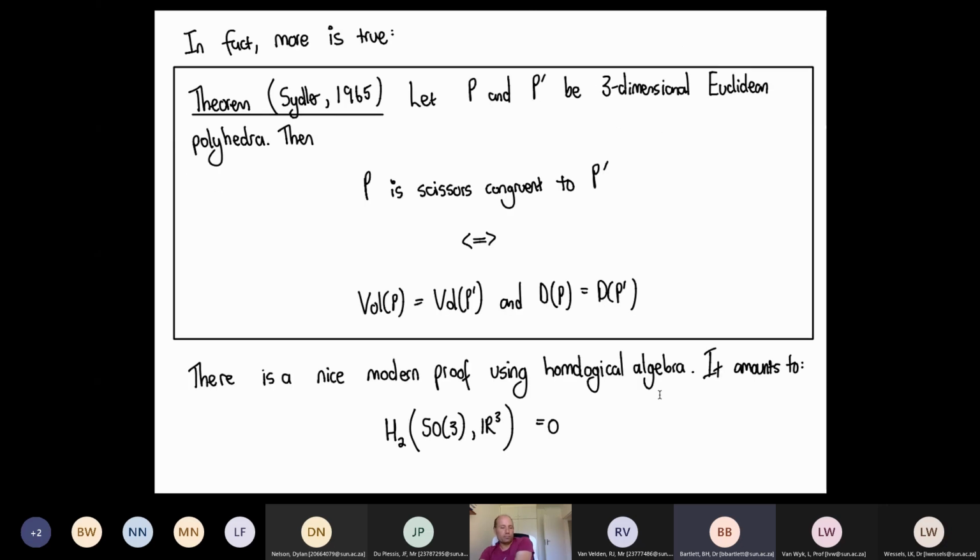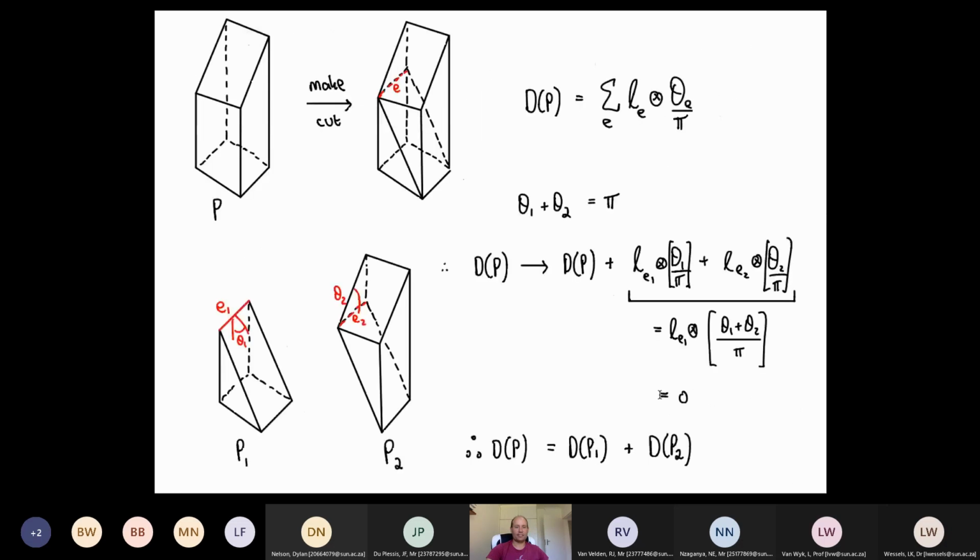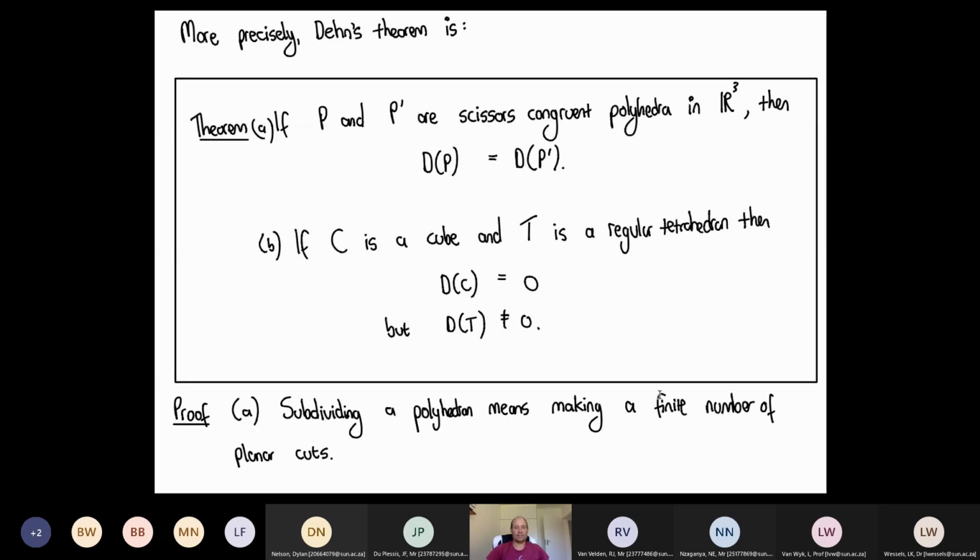Sorry, a question about this theorem. We proved the last theorem, but it seems to contradict this theorem. No. Part A of this theorem says that if they're scissors congruent, then they have the same Dehn invariant. Part B shows that they are not scissors congruent.